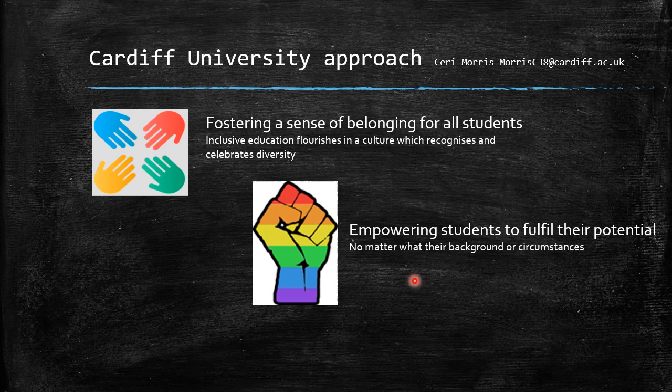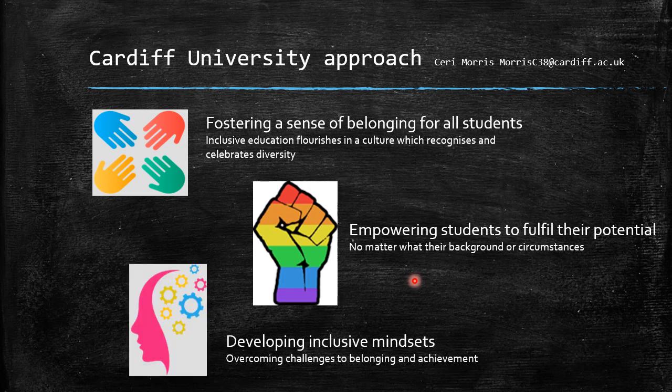Giving them that choice was really important. And making sure that this inclusive mindset helped us to overcome these challenges of belonging and achievement, with many people thinking I shouldn't be here, or I can't do this because I did well or I did badly in it last time. All of those things we needed to address.